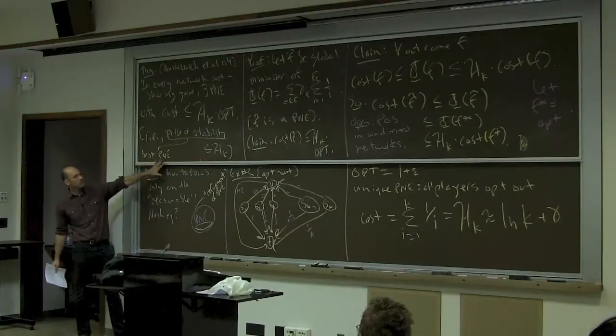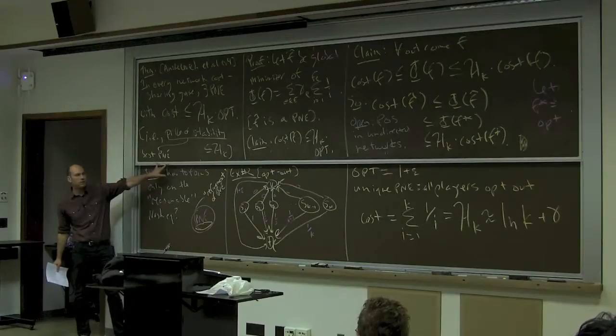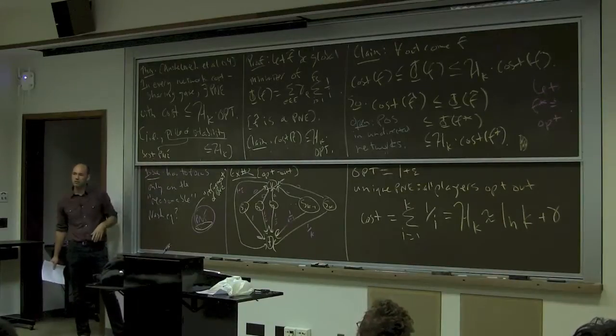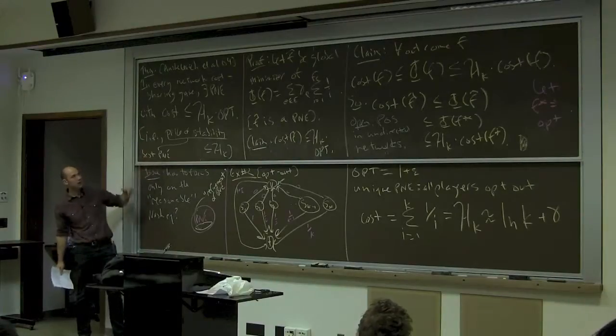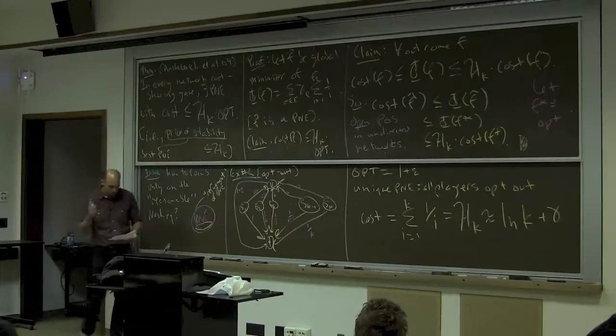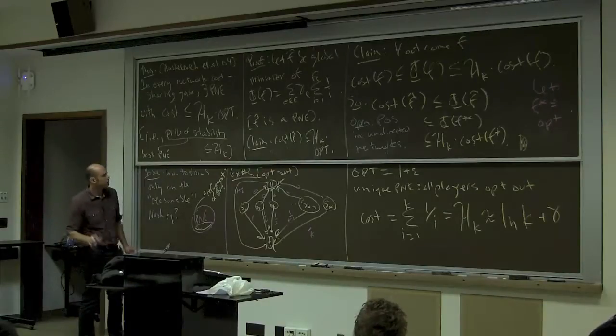Here, for example, we're showing that the global function minimizer is always within h sub k of opt, which is a strictly stronger statement. I'll ask you to prove on the problem set, or I think I already did, that the best Nash equilibrium need not be the one that minimizes the potential function. In many cases it is, but in some cases it isn't. So this really singles out a Nash equilibrium to prove the bound about.